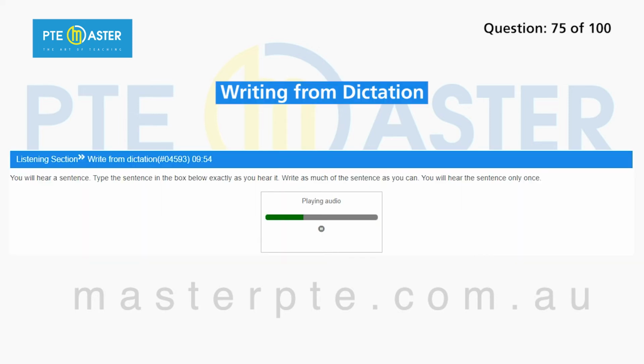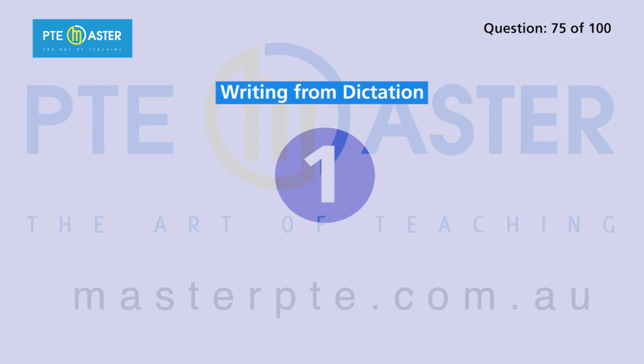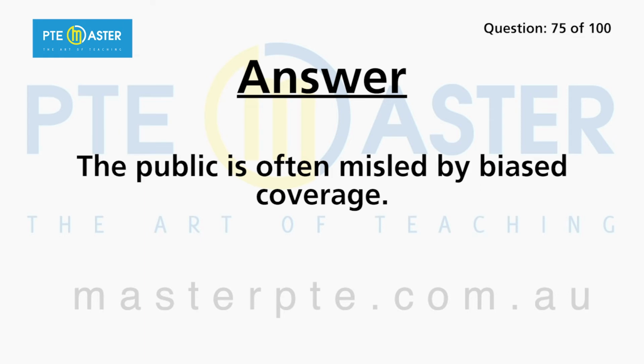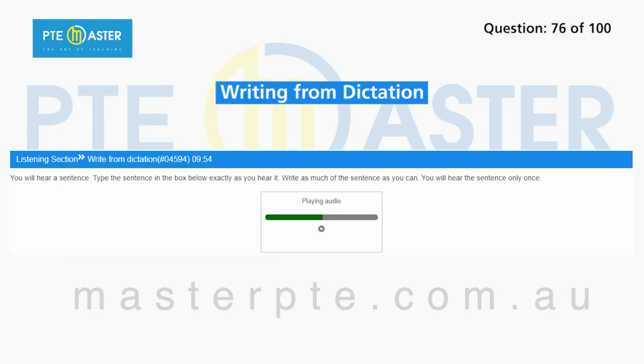The public is often misled by biased coverage. The media influence human options.